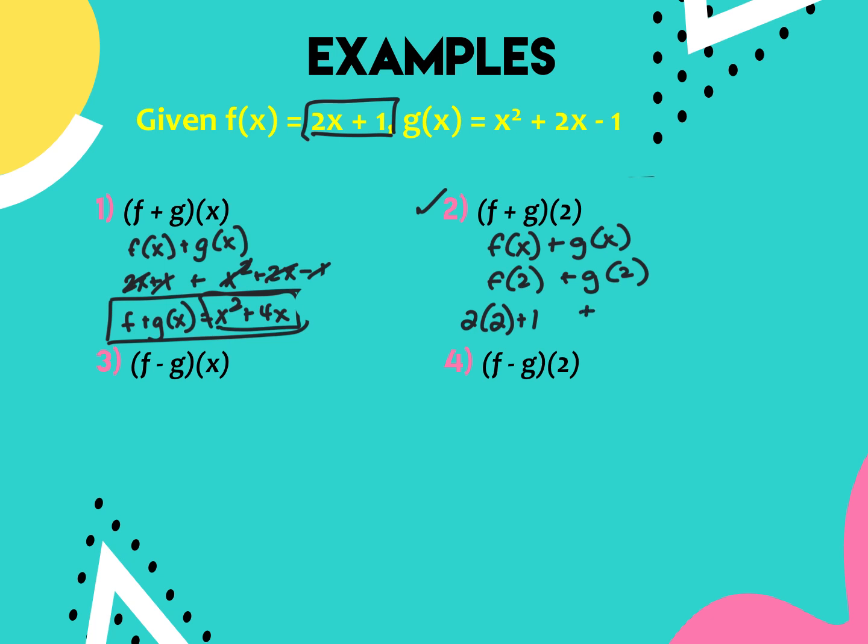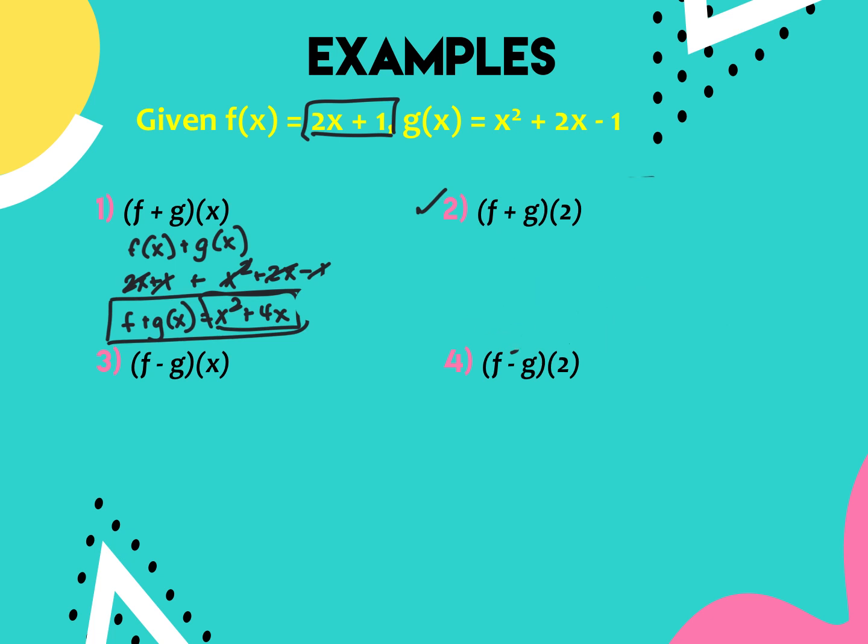And then g of 2 is 2 squared plus 2 times 2 minus 1. And again, I could do the math. 4 plus 1 is 5. Here, this is 4, plus 4 minus 1 is 7, and 5 plus 7 is 12. And I'm going to get the same answer, okay? So that's also something you could do.